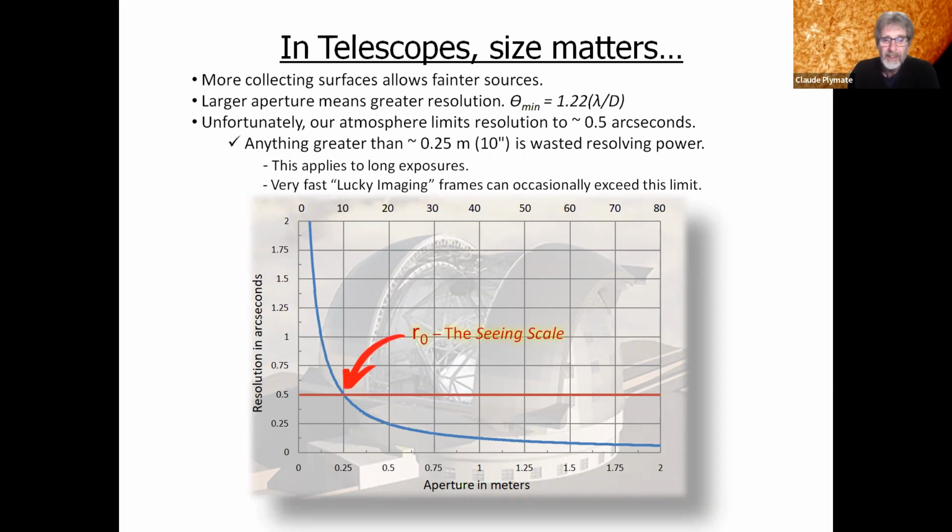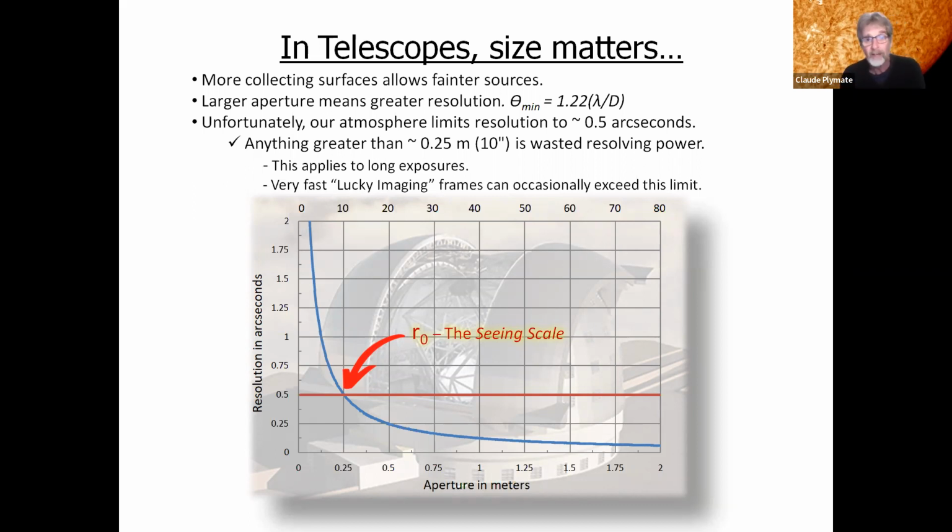Now, an important concept is right at the point where the aperture critically samples the scene is what we would call the seeing scale, which goes by the name r0. Now, r0 you can think of as an aperture. So the seeing at your site can be thought of as the aperture that critically samples your scene.